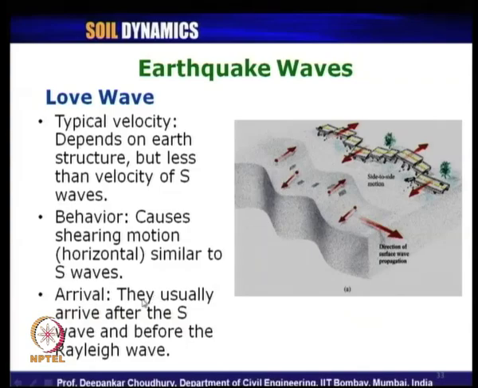They almost come one after another: the S wave, soon after that the Love wave, soon after that the Rayleigh wave. Whereas there is a substantial difference between the P wave and S wave arriving at the seismogram.